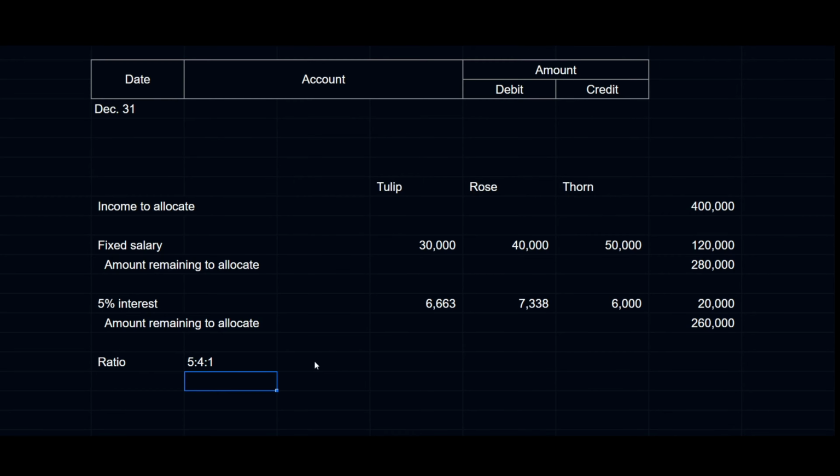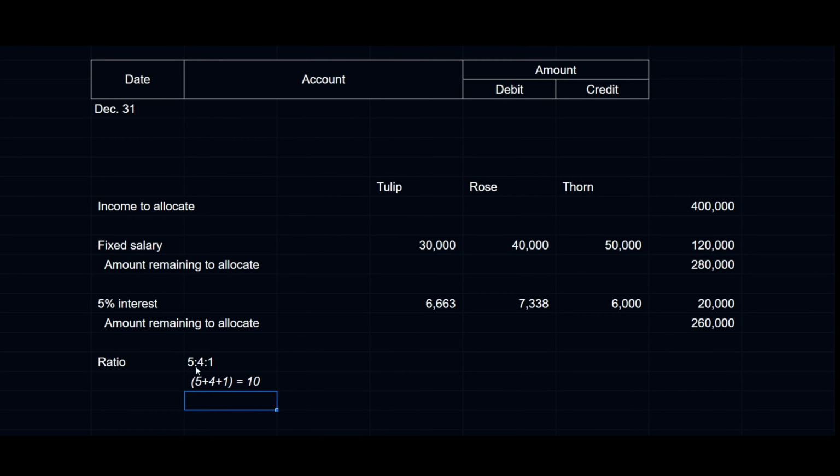What that means is of the amount remaining, Tulip will get 5/10. One way that I try to get people to think of this if they are not familiar with ratios is to say 5 plus 4 plus 1. That would equal 10. And so each partner is going to get their portion of this overall 10.